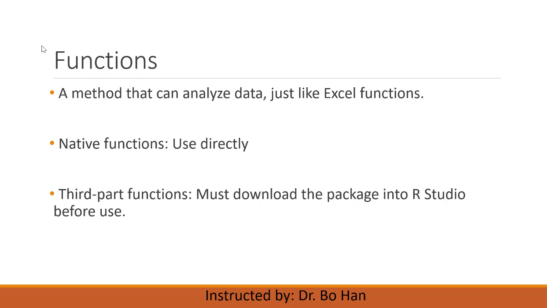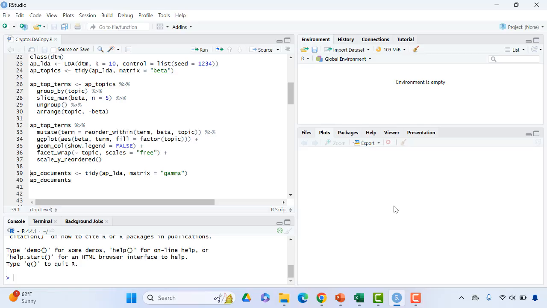Remember, there are 2 types of functions in RStudio or the R language. The first one is called native functions. You can use them directly in the RStudio software, just like the sum function I showed you. The other one is third-party functions. When you use third-party functions, you must download the function package into RStudio before you use them. For example, I want to use all the functions in a package called tidytext.